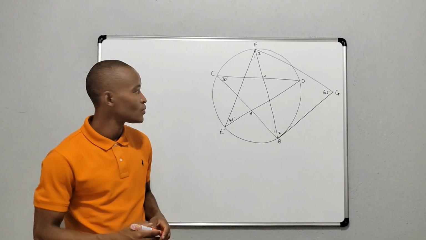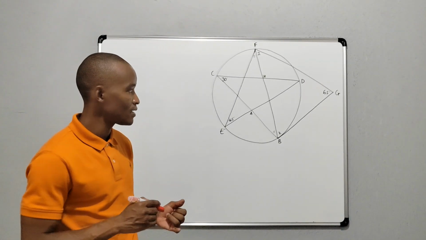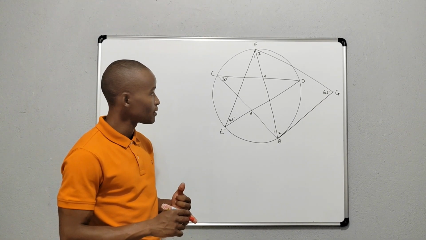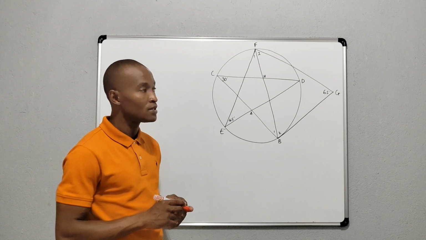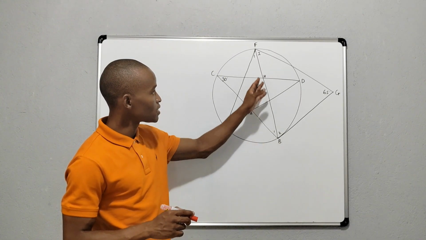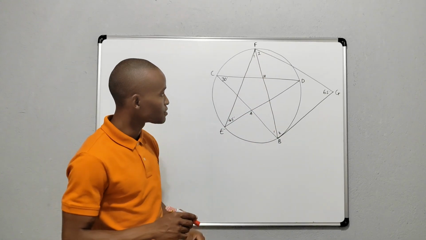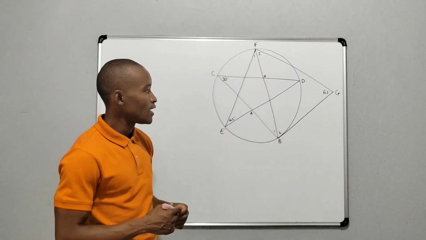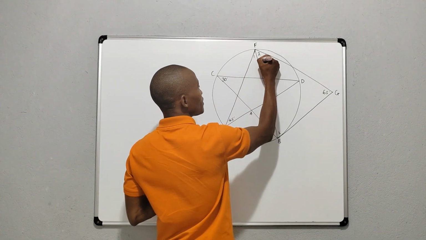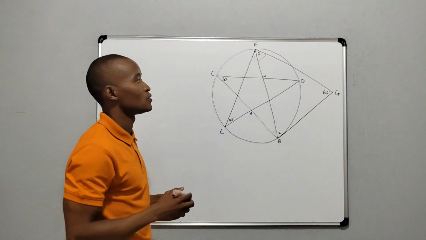Good. So we are given a circle, a number of chords, some angles are given, and at some points there are split angles, two split angles here, two split angles there, F as well. And we need to find the angle here, F2.